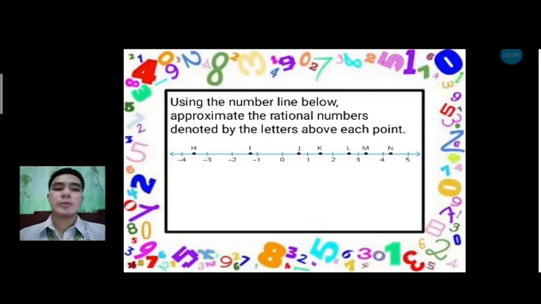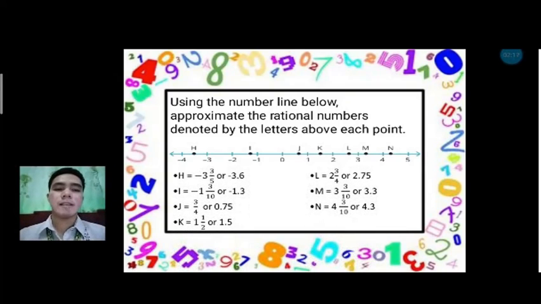Now, I will show you my approximated values of the given points. For me, point H is approximately negative 3.6 because that is more than halfway between negative 3 and negative 4.